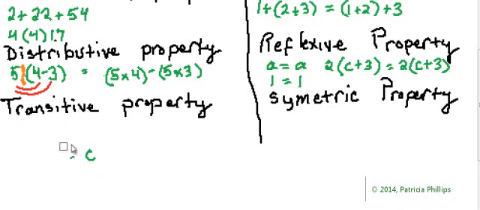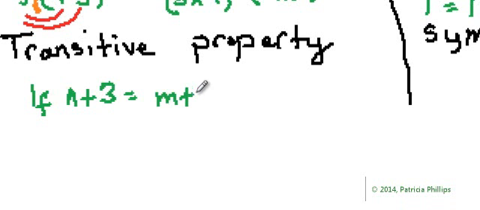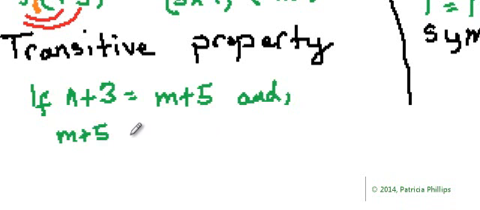If n plus 3 equals m plus 5 and m plus 5 equals 6, then n plus 3 equals 6 too.